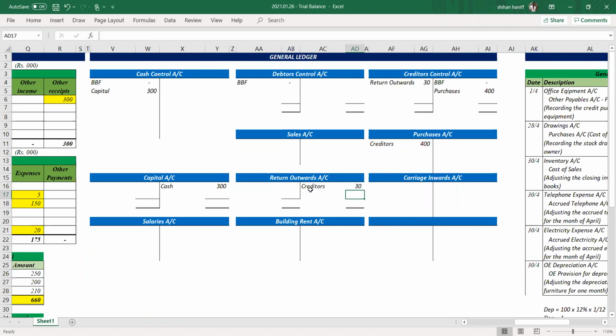Creditors control account debit, return outwards account credit 30. Sales, credit sales. Debtors account debit 660, sales account credit 660.